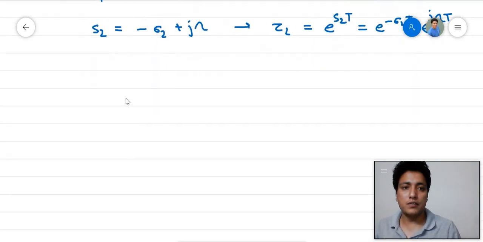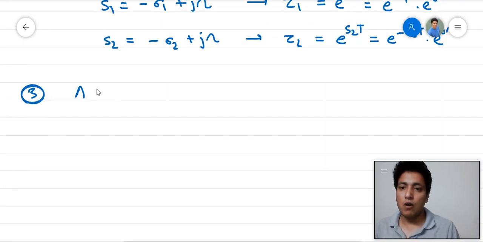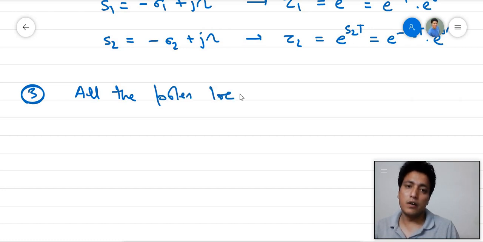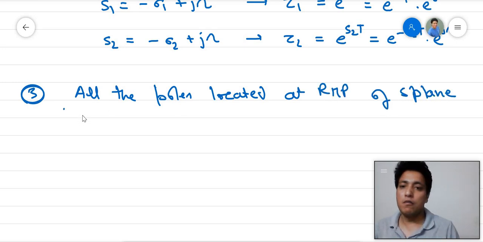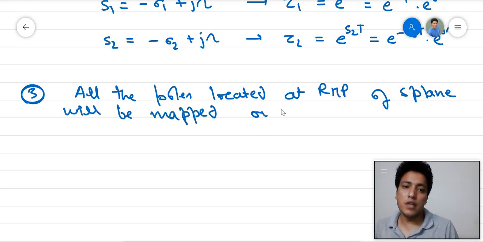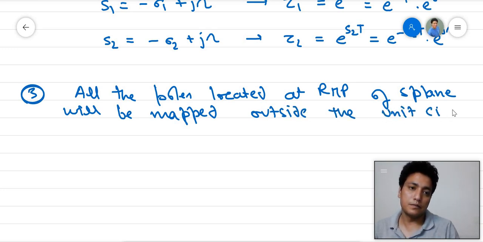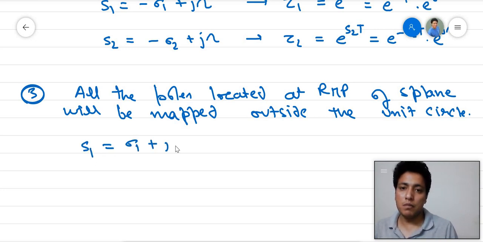Third observation is all the poles located at right hand plane of s plane will be mapped outside the unit circle. You can see s1 is equal to sigma 1 plus j omega and s2 is equal to sigma 2 plus j omega.